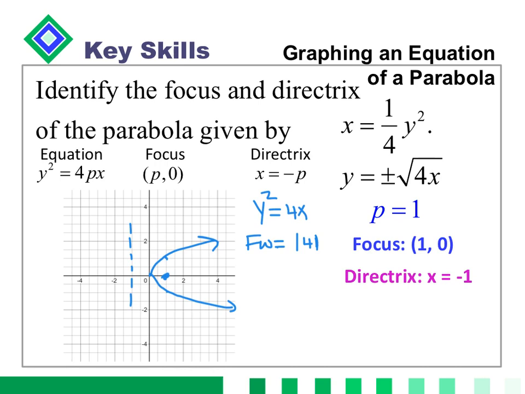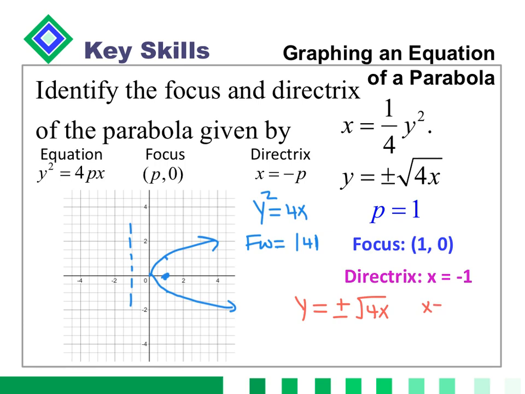Another way to do this would be to just use the equation. Remember, y, use the equation we came up with, and you just get a convenient point. So the equation was y equals plus or minus the square root of 4x.